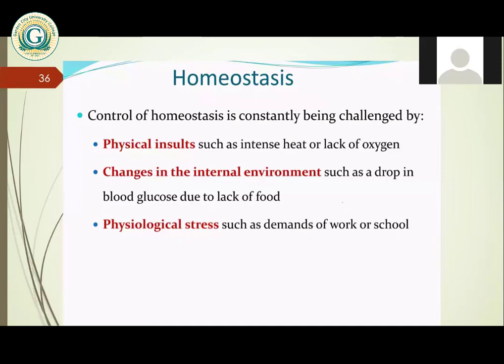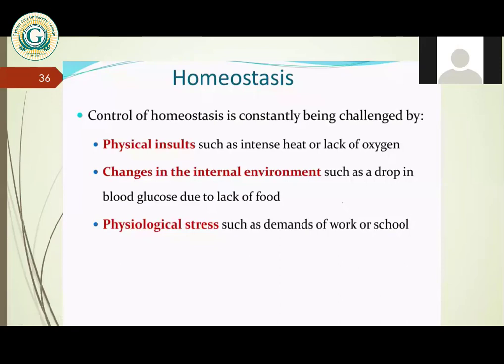Some changes may also occur inside the body, such as a drop in glucose due to lack of food. So it's not only external factors that affect the internal environment. Internally, there are changes that may disturb it, such as a drop in glucose.